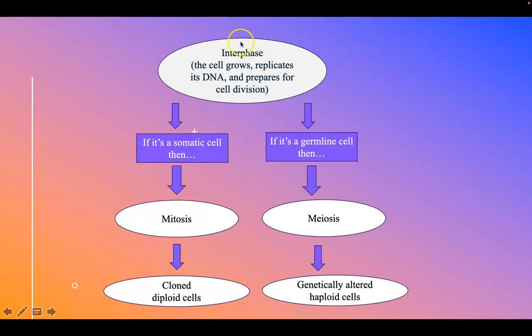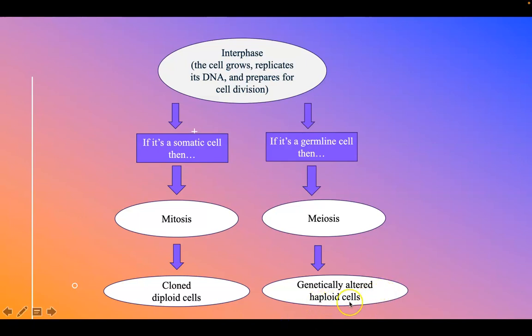So here, interphase is going to the process of mitosis, which will produce our cloned diploid cells. The cloned diploid cells have both sets of genetic information that came from both of that organism's parents. Interphase also comes before meiosis in our germline cells to create genetically altered haploid cells. So they will have half of the information.